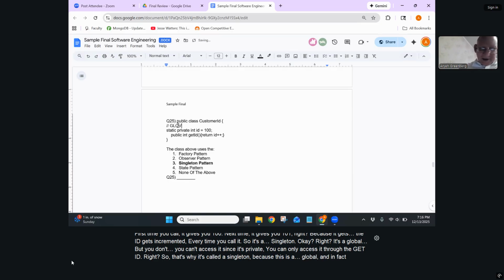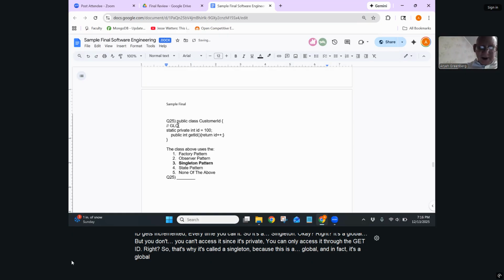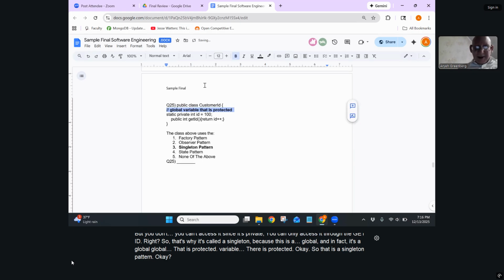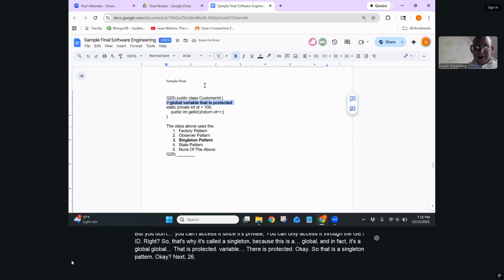And in fact, it's a global variable that is protected. Okay? So that is a singleton pattern. Okay? Next, 26. Okay, you understand that?